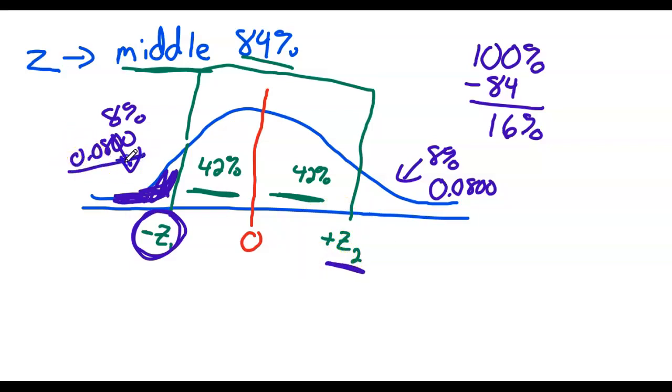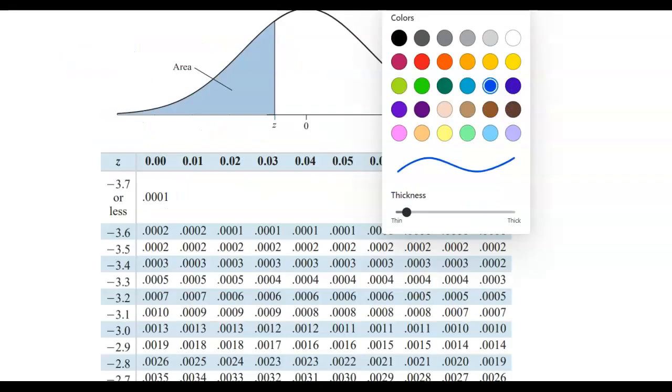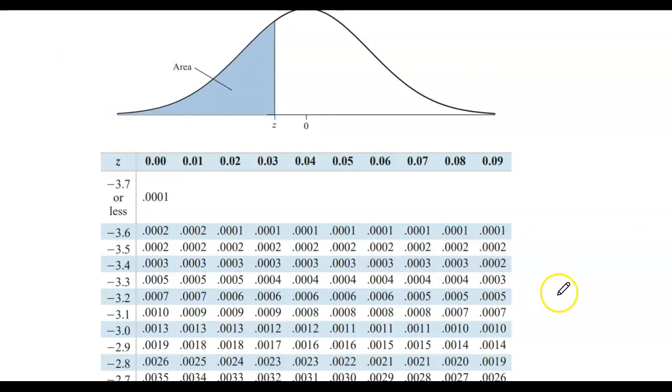So what I'm going to do is look up 0.0800 in the center of my z-chart, my cumulative normal chart. So I'm going to come over here to my cumulative normal chart. Again, I'm looking in the center of the chart. I'm not looking here along the z-scores. I want to find the z-score, so I need to look in the center of the chart.